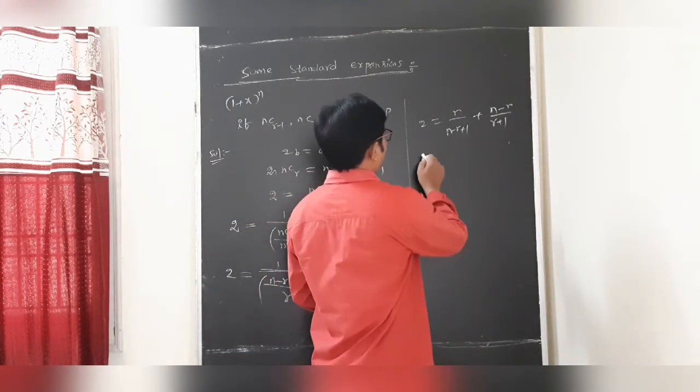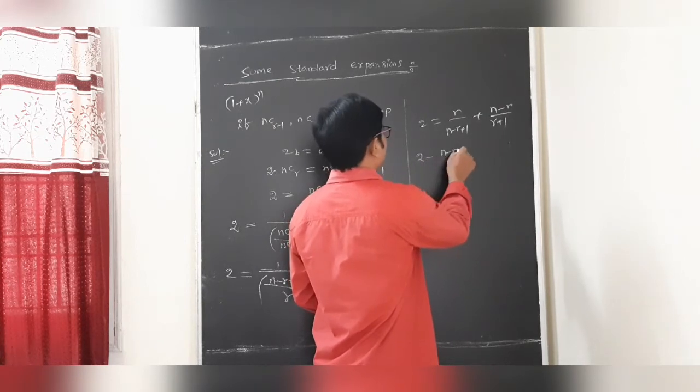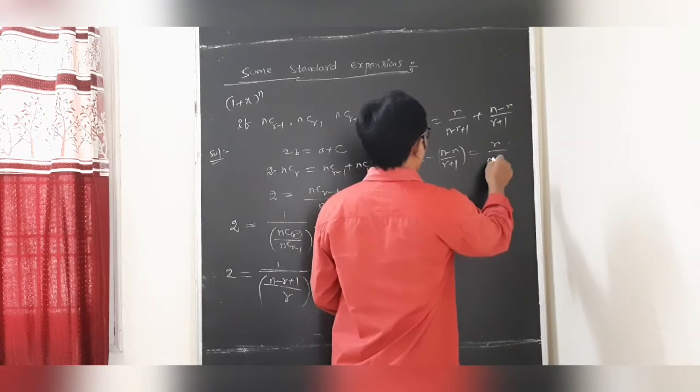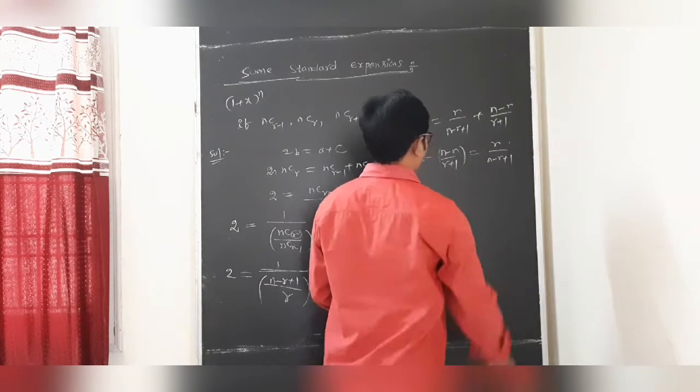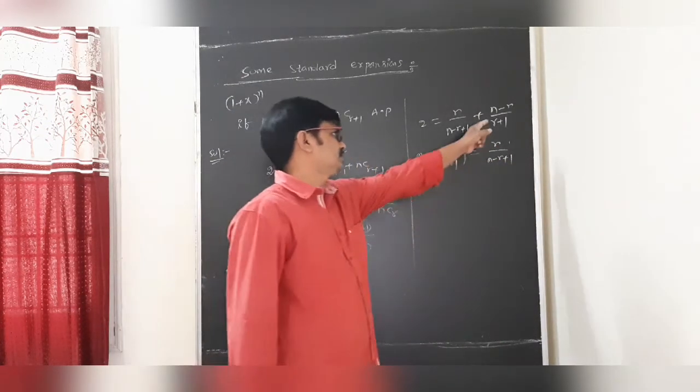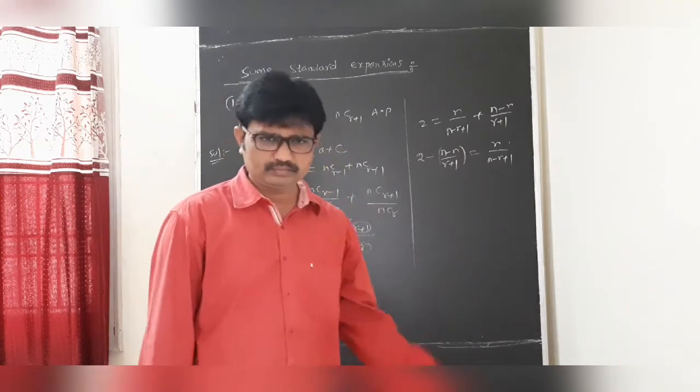Dear students, just now we observed 2 minus of (n minus r) upon (r plus 1), r by (n minus r plus 1). This will be sent to the other side.